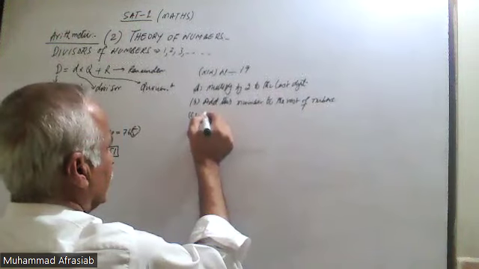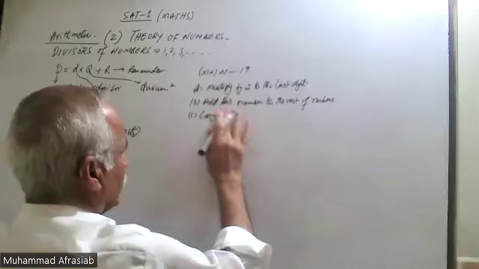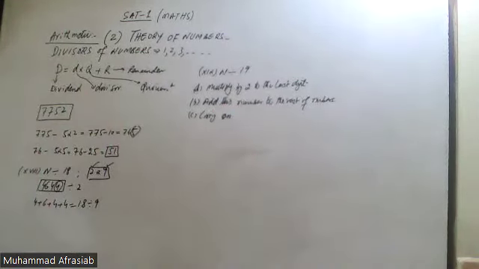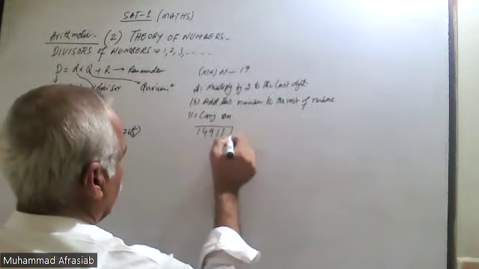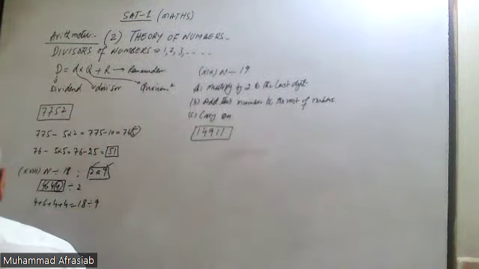And carry on till you get the required result. Suppose the number given to you is 14991, and we have to check whether it is divisible by 19 or not.